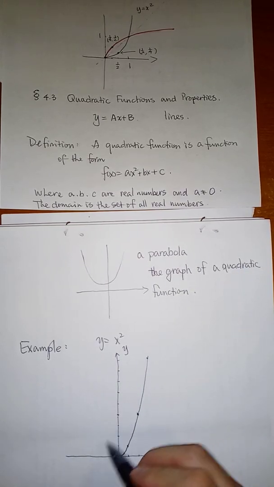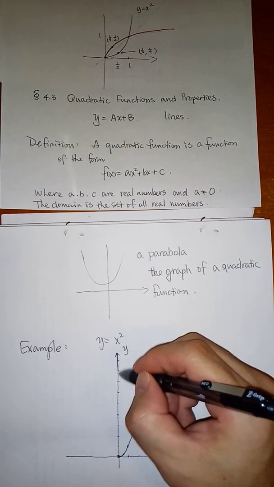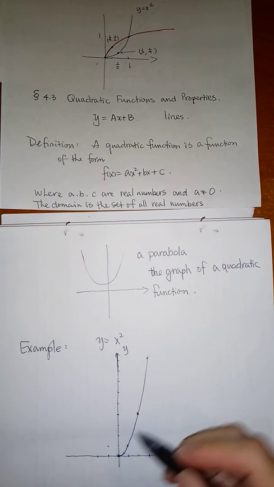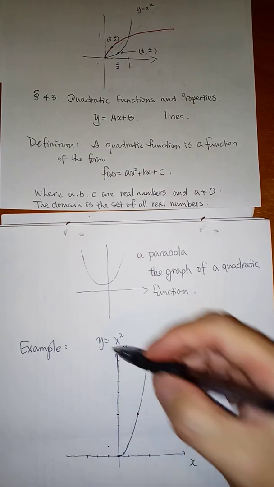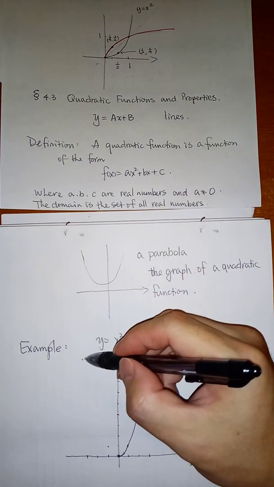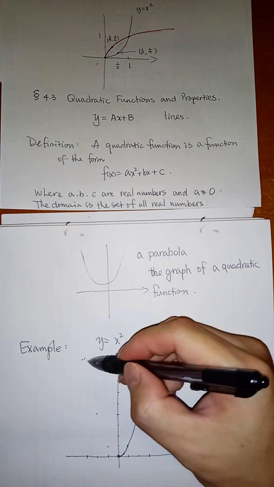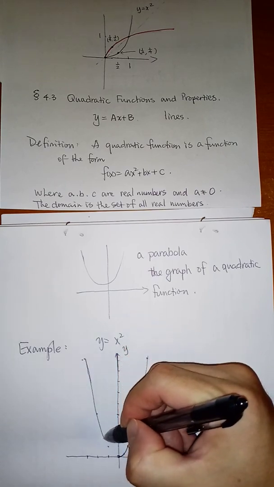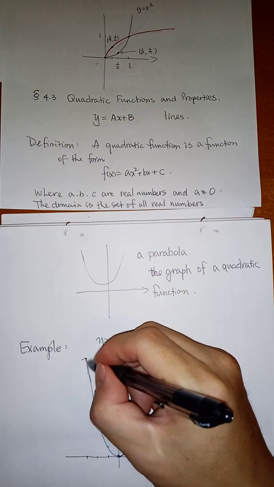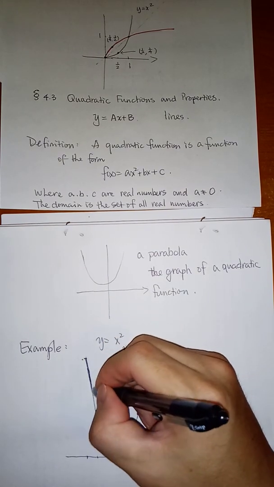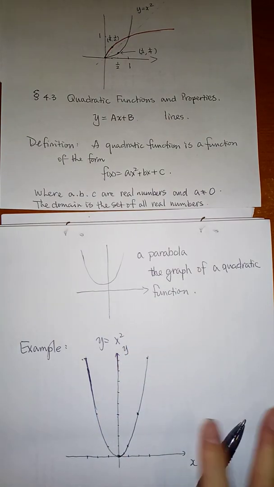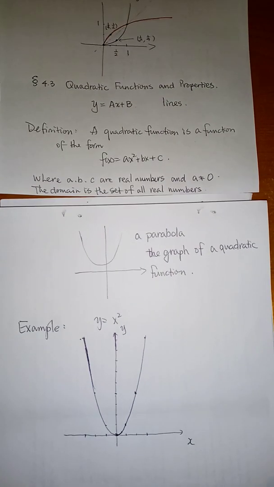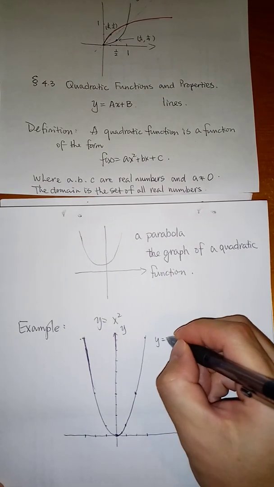Even function means it's symmetric about the y-axis. So you get a symmetric point. It's like you open your arms upward. This is the graph y equal to x squared.